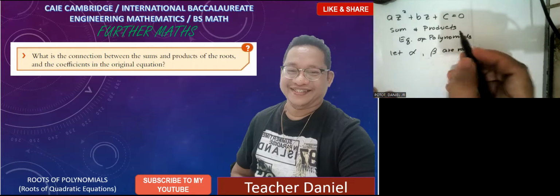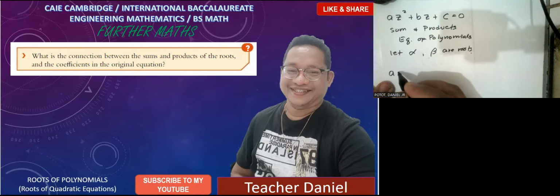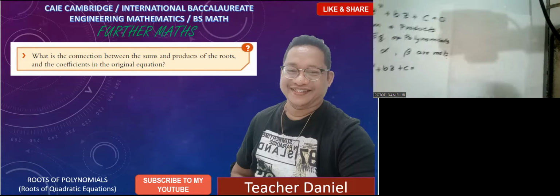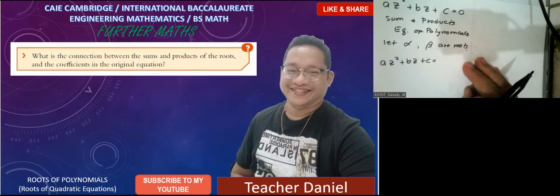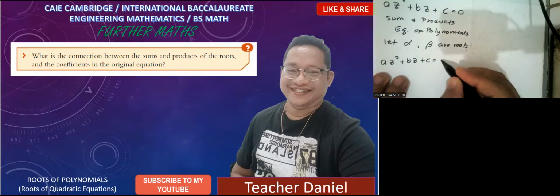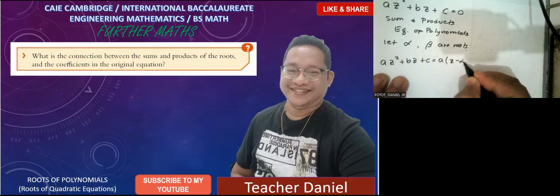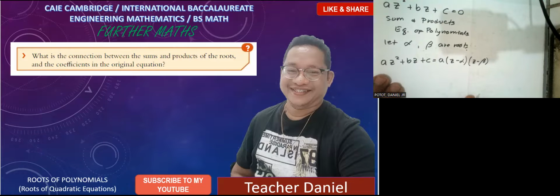And we know that we can write a z squared plus b z plus c in factored form, which is a times (z minus alpha) times (z minus beta), if alpha and beta are the roots. All right.